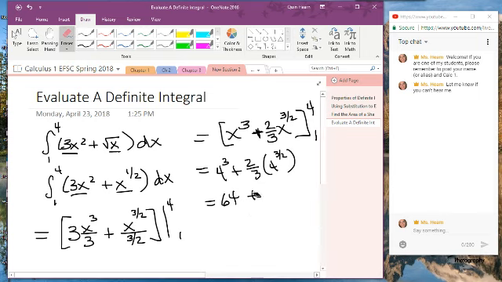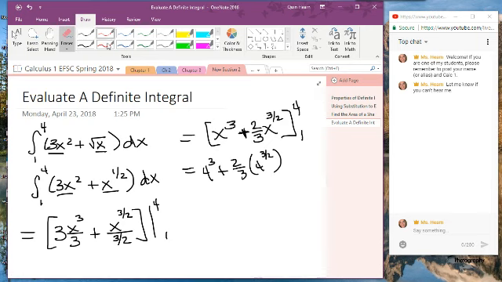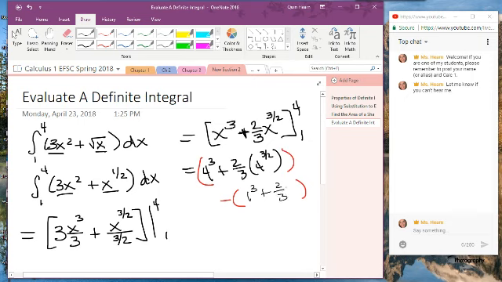I want to write out the subtraction. Don't want to lead you to think we can forget about it. So we're going to take that sum with the 4 plugged in, and we're going to subtract from it whatever we get when we plug in the 1. So plugging in the 1 would be 1 cubed plus 2/3 times 1 to the 3/2.